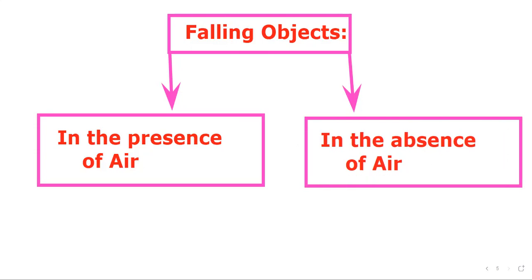Suppose this is an object which falls from a certain height. When it falls in the downward direction, its velocity is affected if there is air.